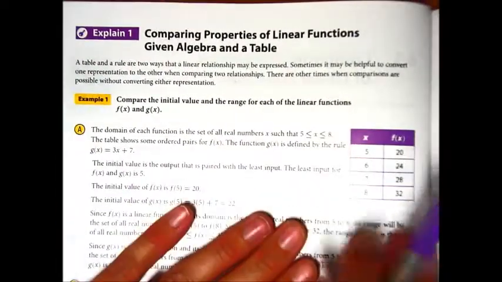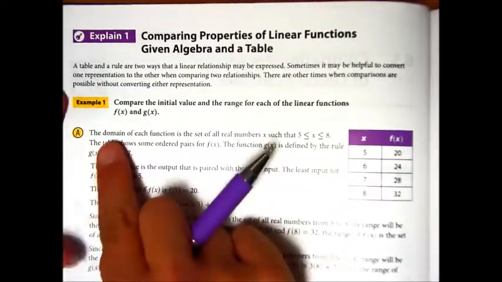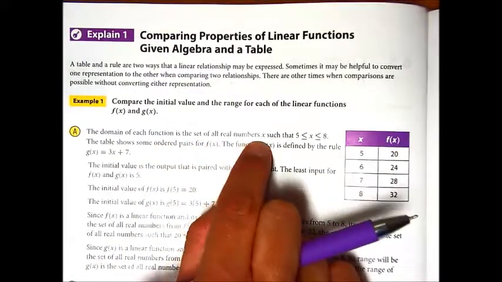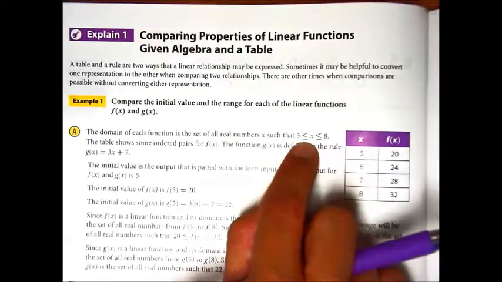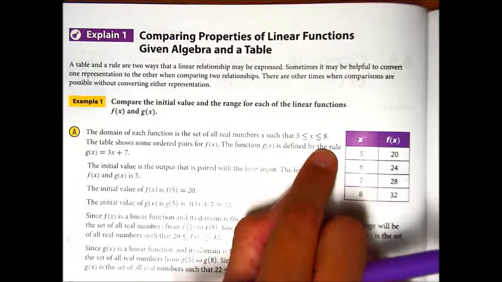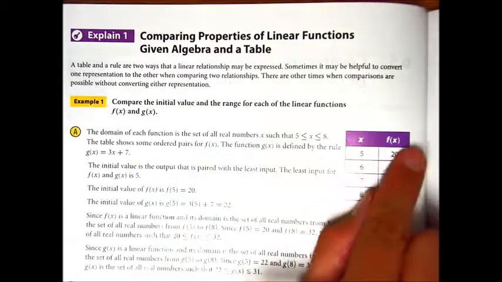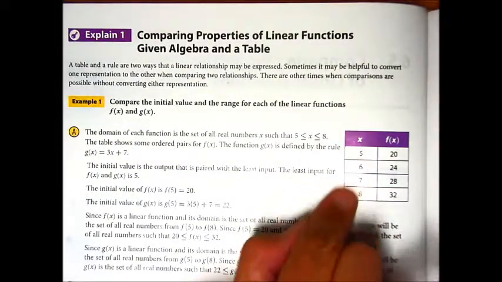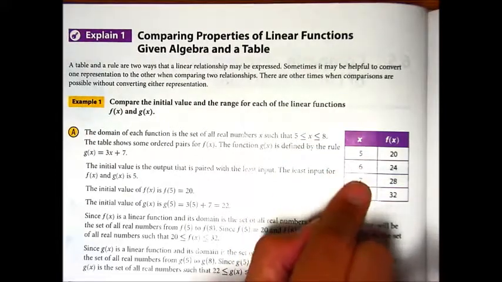They're going to give you the 2 functions, and it says the domain of each function is the set of all real numbers, x, such that x is between 5 and 8. So this is them giving you the domain. The table shows some ordered pairs for f of x. So here's f of x in the table. Do you see how the x values are 5 through 8? Because they told you the domain was going to be x's from 5 through 8.